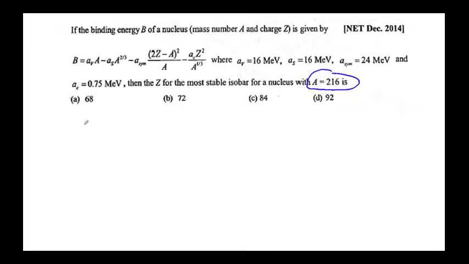So I will write here the equation. For a most stable isobar, the partial derivative of B over Z should be equal to 0.